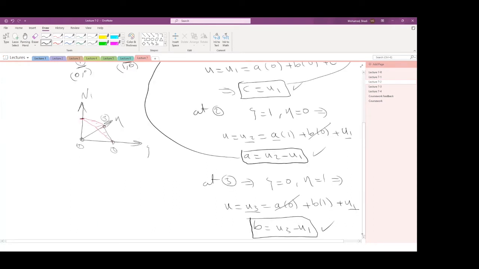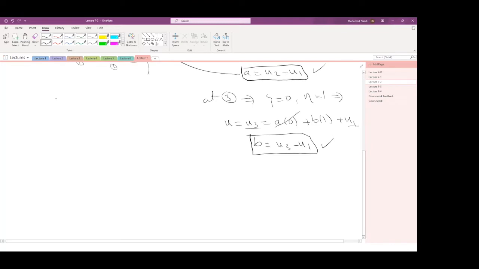So my equation is going to be u equal to a, which is u2 minus u1, multiplied with xi, added to b, which is u3 minus u1, multiplied by eta, plus c, which is u1.